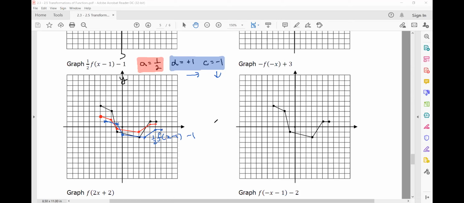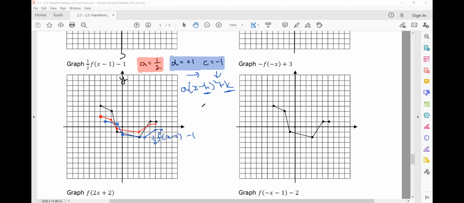Why did you put it as D and C? The right and down transformation makes sense. So instead of doing x minus h squared plus k or anything like that, we are now moving on.